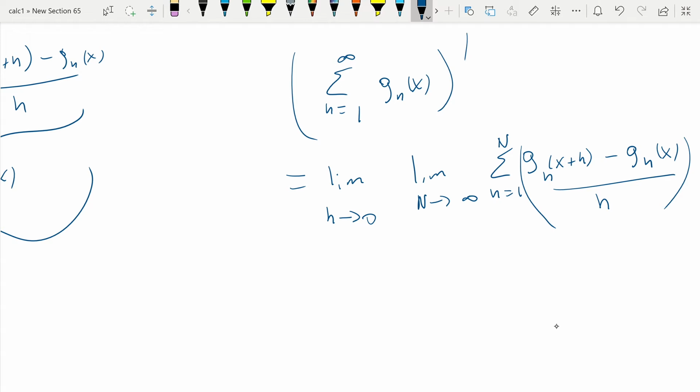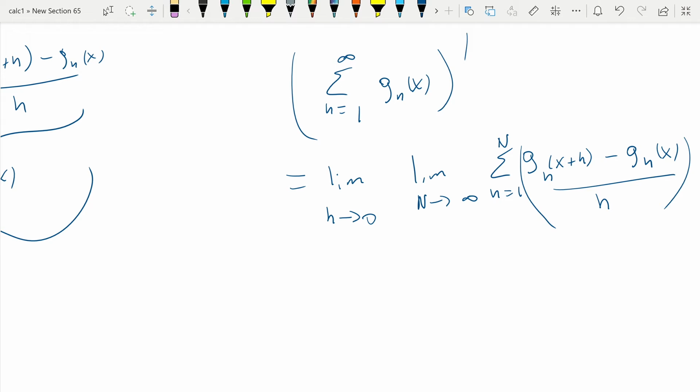If we can guarantee that h is smaller than a certain quantity, then this quotient is going to be within some really small quantity from the derivative of g_n at that point, and that's independent of n. Then that's a uniform statement. So the error, you can basically add all the errors, and you're not going to obtain much.